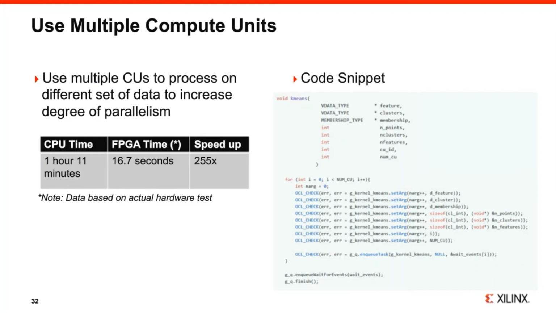The number of CUs is determined by yourself depending on the algorithm and the resource utilization. By adopting this method, the execution time is reduced to 16 seconds now, which is 255 times of performance boost comparing to the CPU result.